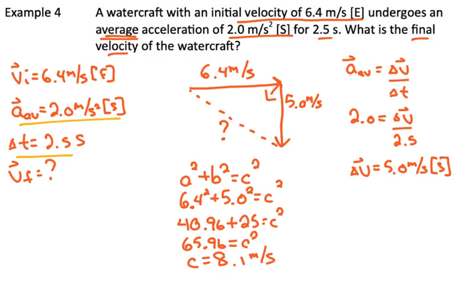Now that's not quite enough because this gives us the speed of the watercraft but not the velocity. The velocity also has the direction with it, and we can't just say that this watercraft is going southeast. We need a specific angle. So I'm just going to clear off the page, sketch this all out again.